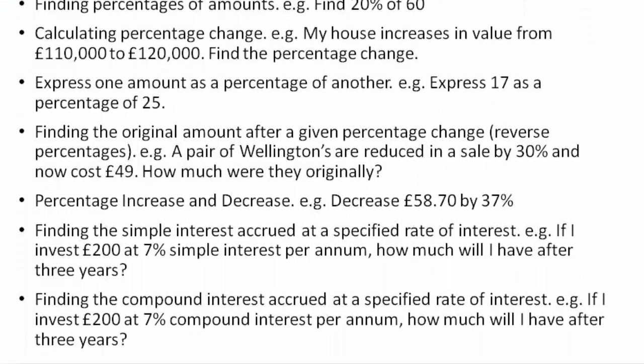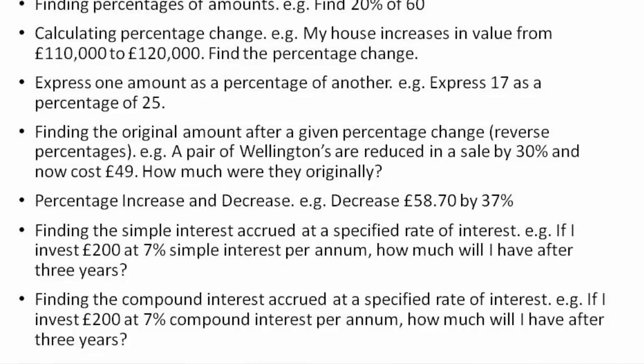And then lastly, they can be asked to perform calculations which find simple interest and compound interest. Now, I hope you recognise there is a distinction to be made between simple interest and compound interest. Most of the time, students will identify with simple interest as the way they would do it if they were calculating percentages, because simple interest is where you don't take into account how much is in the account, say after 1 year, and then perform an interest calculation on that sum after 1 year, and then on that sum after 2 years, and so on and so forth.